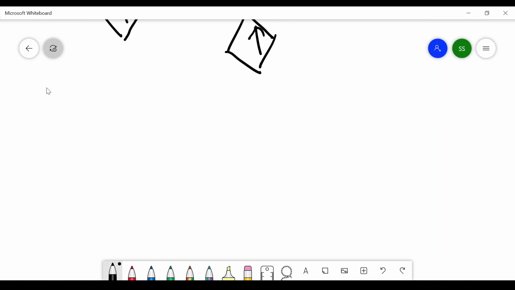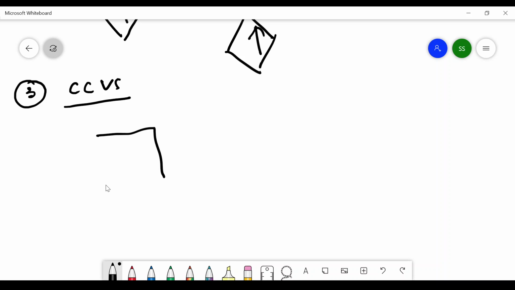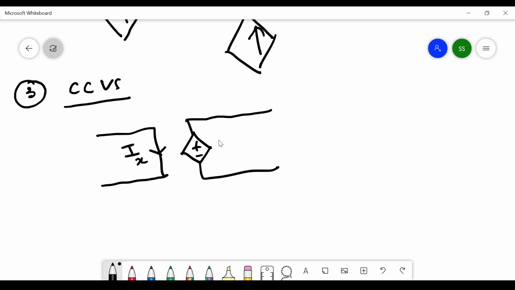Now the third one is the current controlled voltage source. Let's say this is one element or circuit, and in this particular branch the current Ix is flowing, and here one voltage source is fully dependent on this particular current.